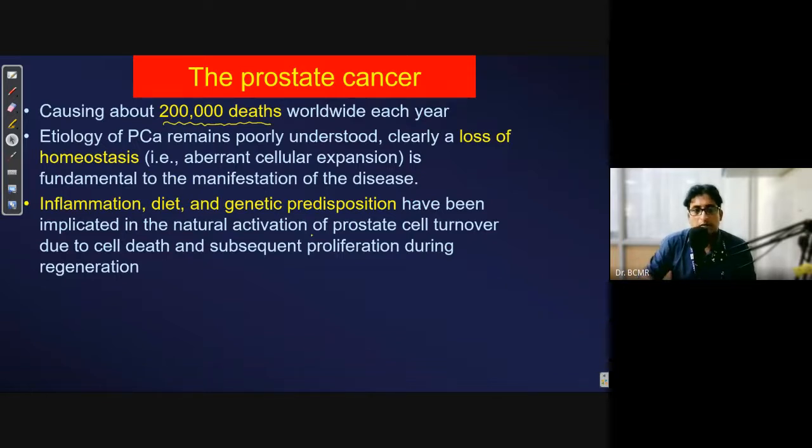I mean, the cell number will increase, and that is where the organ, the prostate gland, keeps on growing. We will see it in a few slides, maybe in the next slide. Some of the things that seem to enhance the incidence of prostate cancer are inflammation and diet, and some people are genetically predisposed to this cancer.